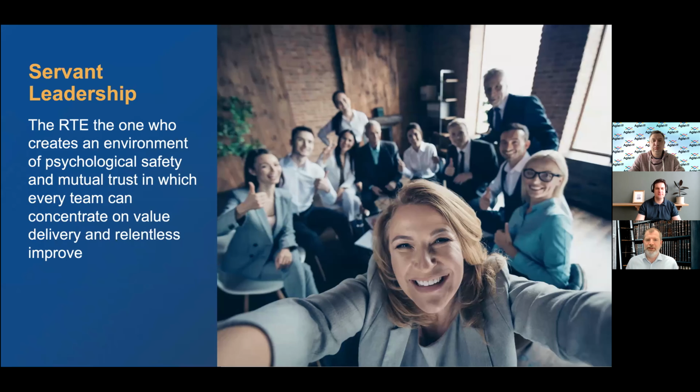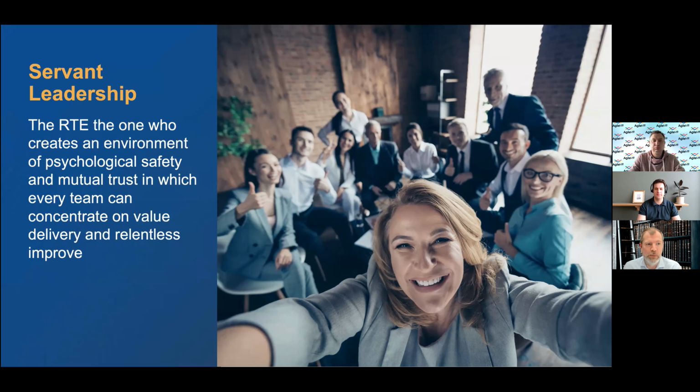The very first one is, at least in my experience and opinion, the so-called servant leadership. I would say that the RTE is the quintessence of servant leadership when we talk about the Agile Release Train. He's definitely not the one who has the solution for every problem or the answer to every question.